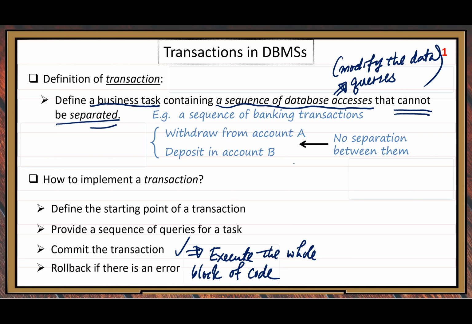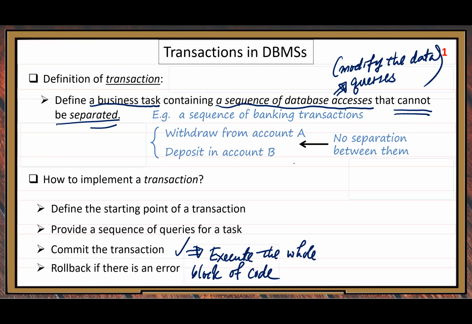So the idea is, when we define a database transaction, we have a business task. For this business task, there is a group of query operations. We have to treat them as a whole block of operations. We cannot separate them. If you separate them for any reason, something could go wrong.